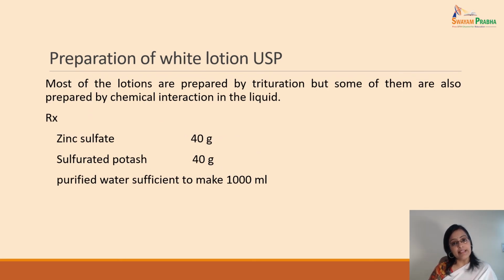Now we will take another example, the preparation of white lotion USP. Most lotions are prepared by trituration, but there are a few lotions which are prepared by chemical interaction. Zinc sulfate, sulfurated potash and purified water to make sufficient volume are the ingredients of white lotion USP.